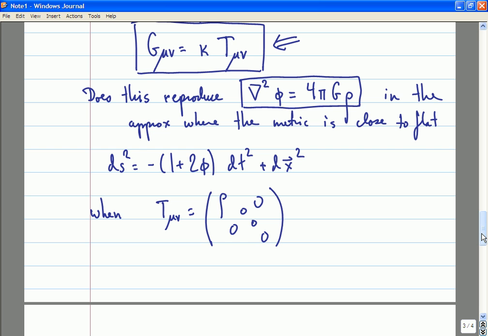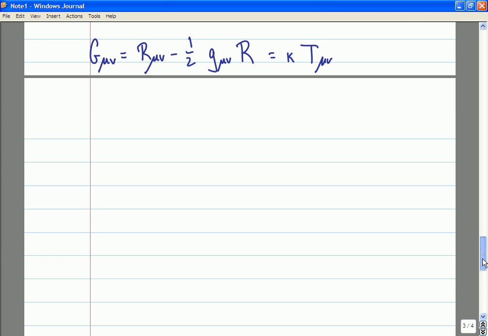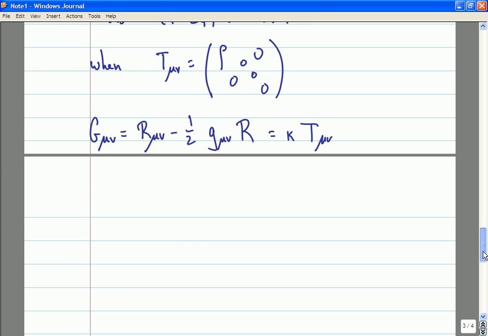G mu nu is R mu nu minus 1/2 the metric times the Ricci scalar, and that is kappa times T mu nu. So let's take the trace of both sides.